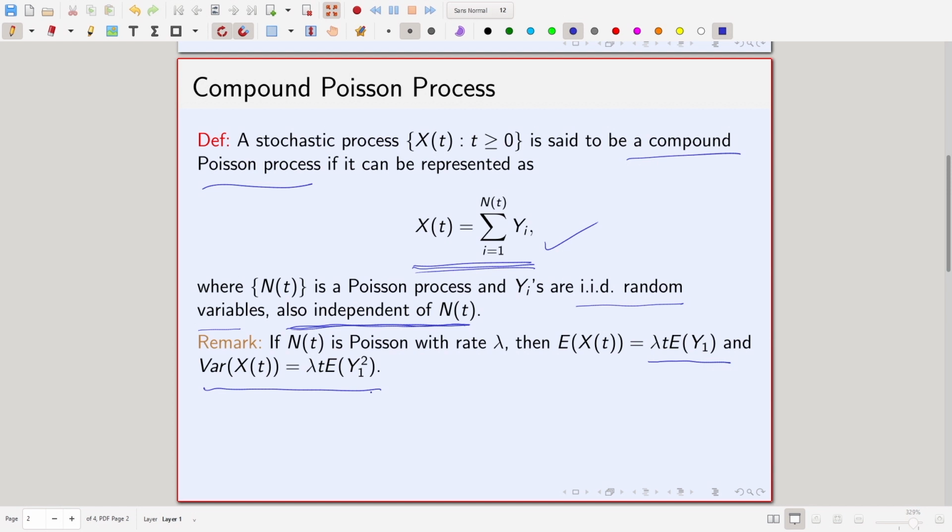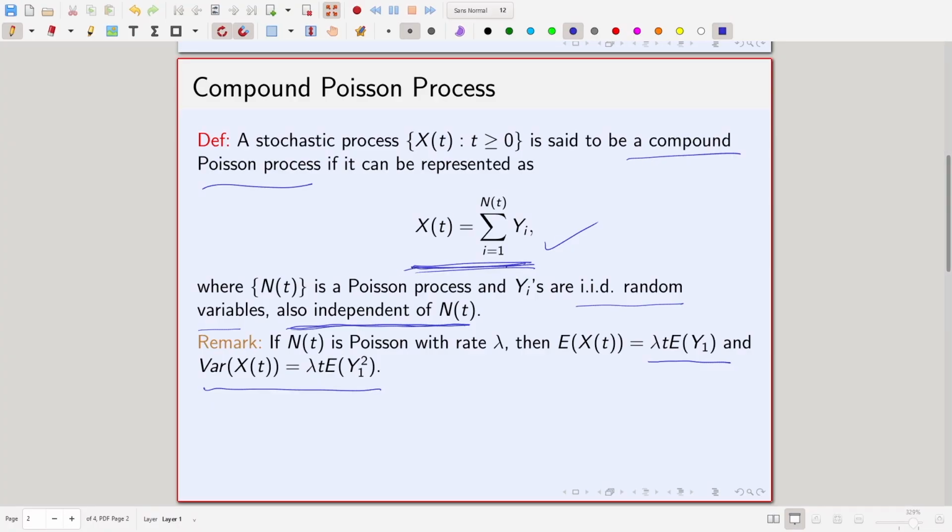We will not prove these formulas, but I strongly encourage you to try proving them, the expectation of X_t and the variance of X_t, by conditioning on N_t. Again we are assuming here that the Y_i's have mean and variance, then only we can talk about mean and variance of X_t.